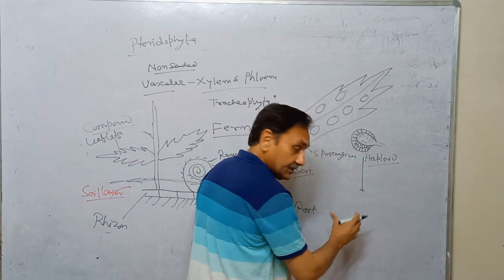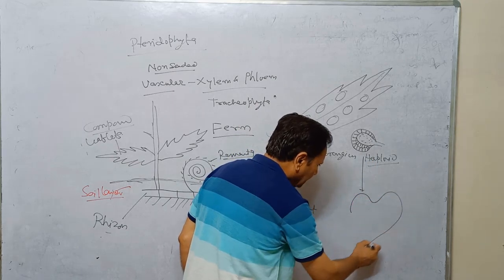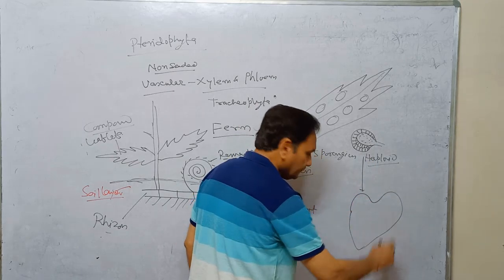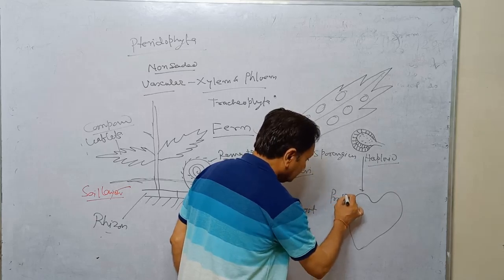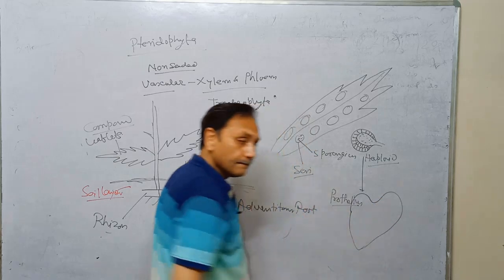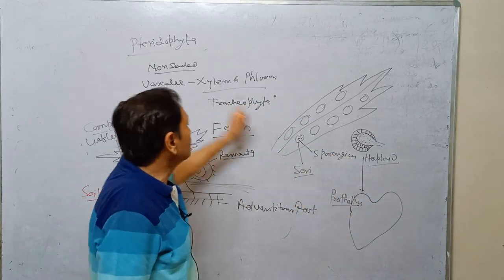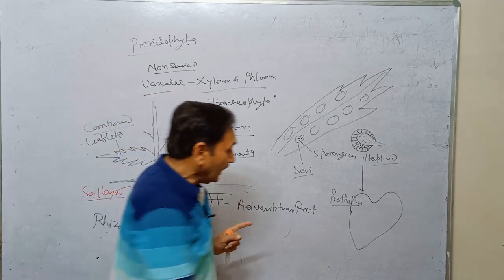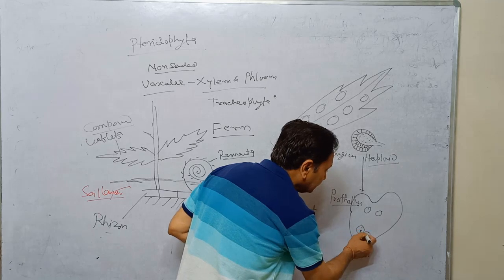So what happens when it germinates? They form a heart-like green structure. It is called the prothallus, and it is the gametophytic part of the Pteridophyta, where both male and female parts are present.